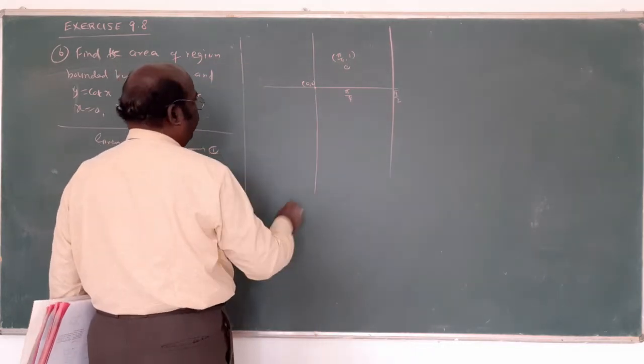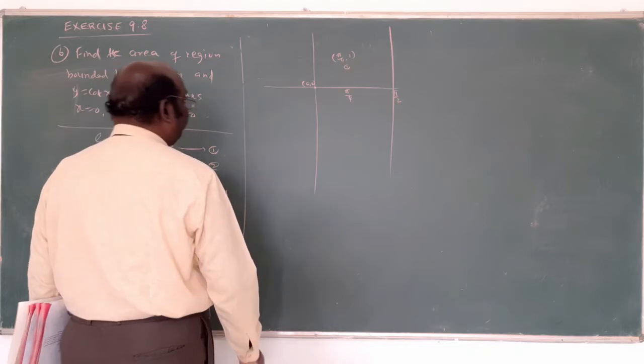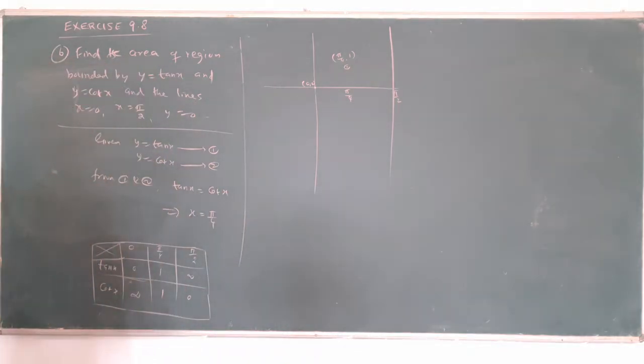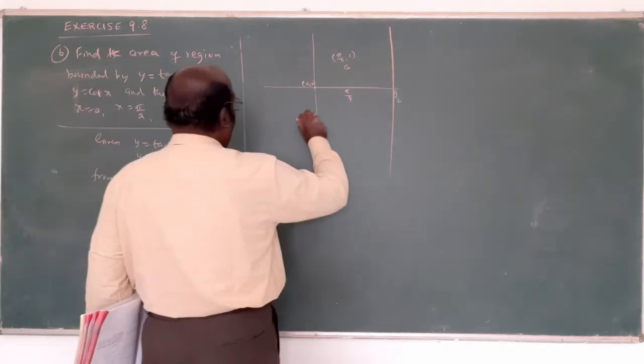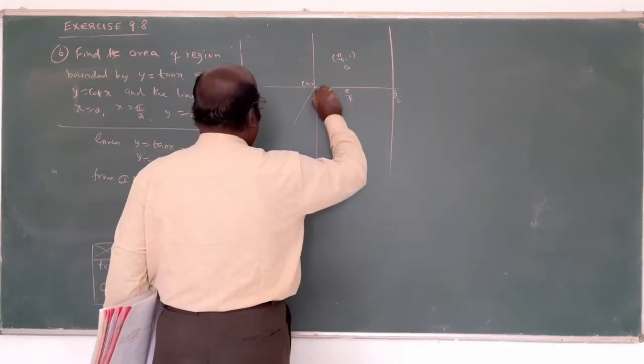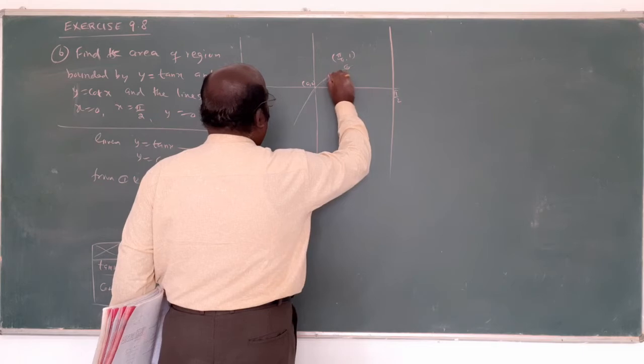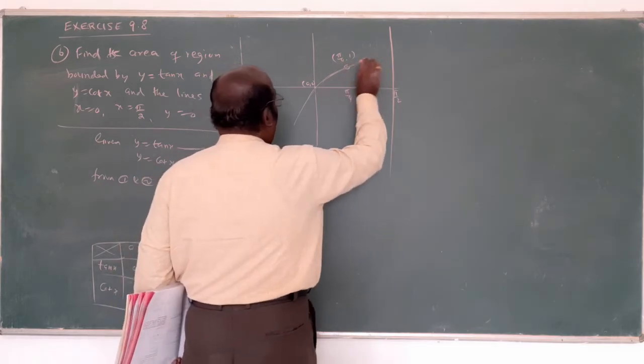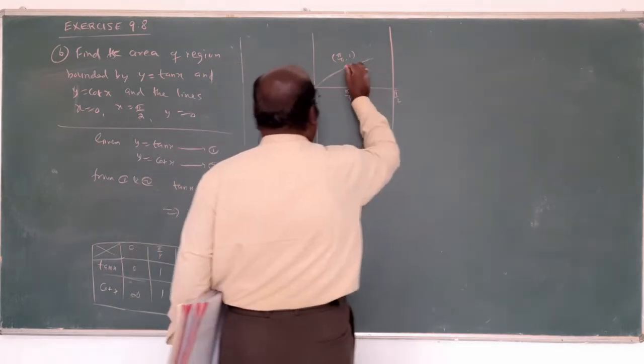The tan x curve starts with 0, 0 and passes through this point, and the third point is pi by 2 comma infinity.